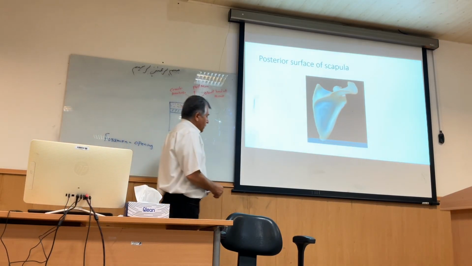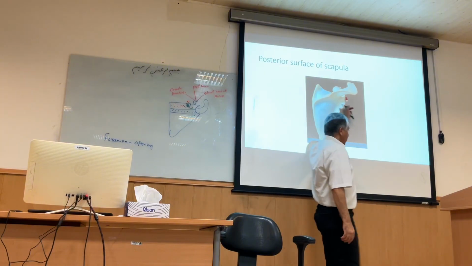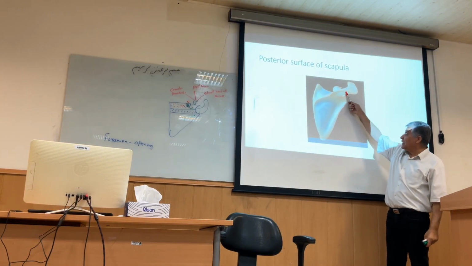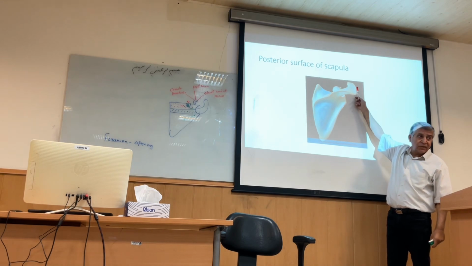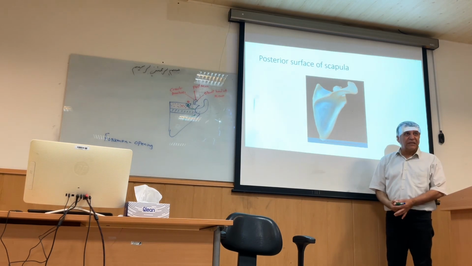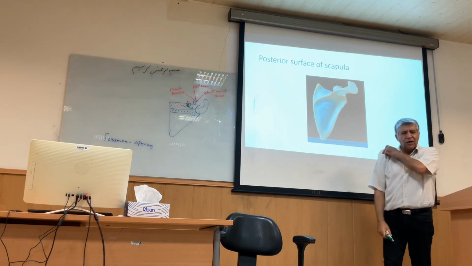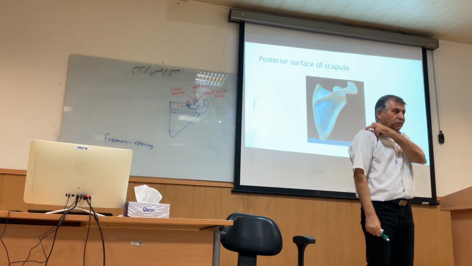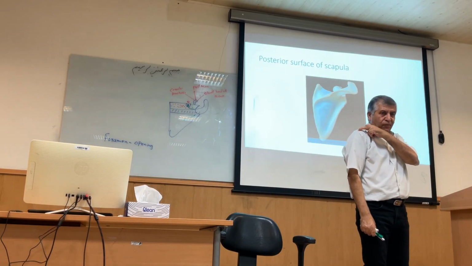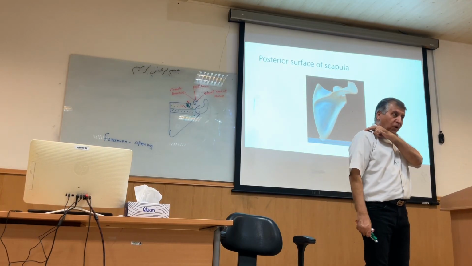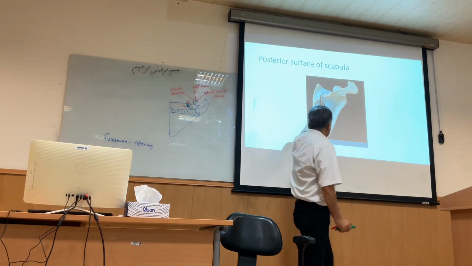This one is the spine of the scapula. When followed laterally, this changes to the acromion process. Acromion process forms the tip of the shoulder. This is a common site for shoulder pain because the tendon of this muscle, which muscle?